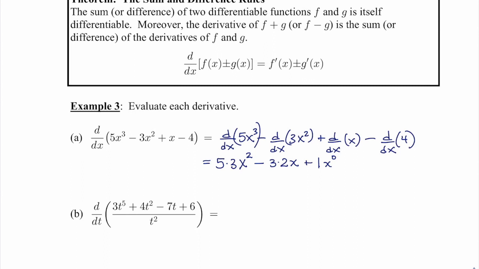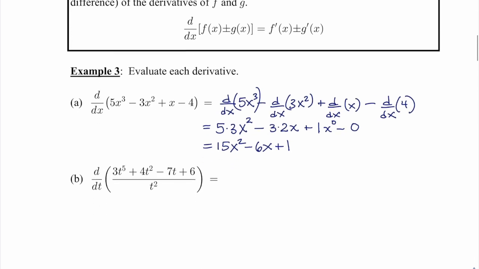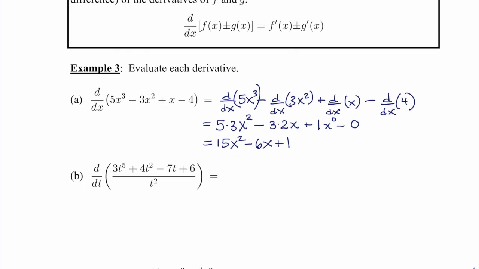And then the last term, we have the derivative of a constant, and that will be 0. So let's simplify this a bit. We have 15x squared minus 6x plus 1 for the derivative of this function.